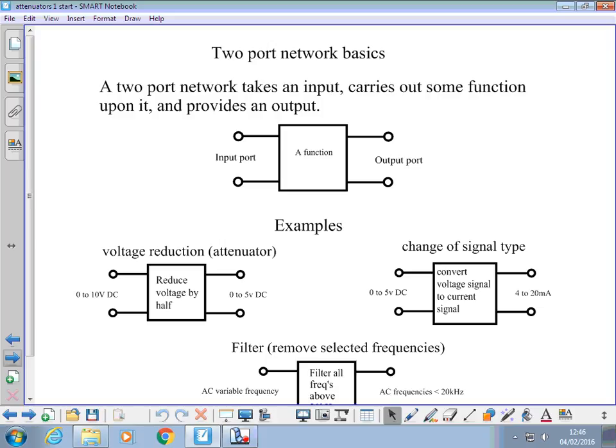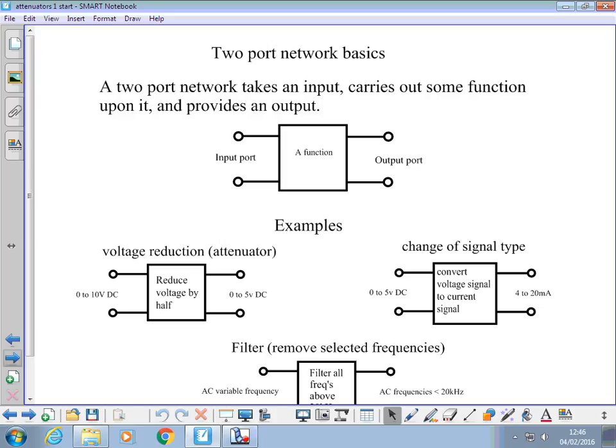We might get a 4 to 20 milliamp signal out. If you're in instrumentation, you'll understand about that. There are various signal converters to go from one signal to another, and that might be a common one. You could have one that goes the other way, 4 to 20 milliamps in, 0 to 10 volts out.